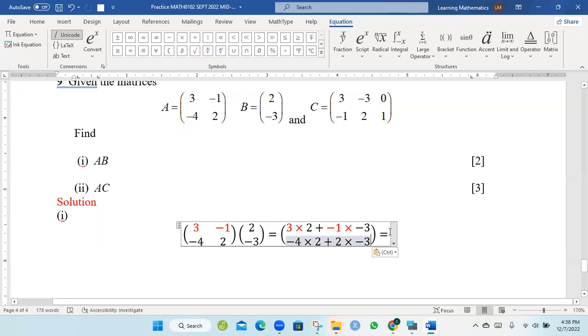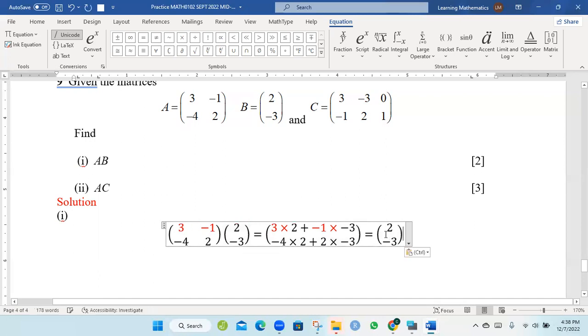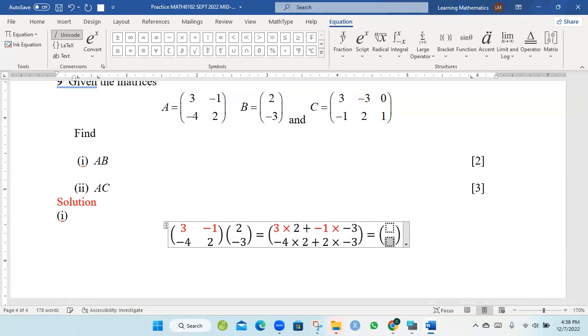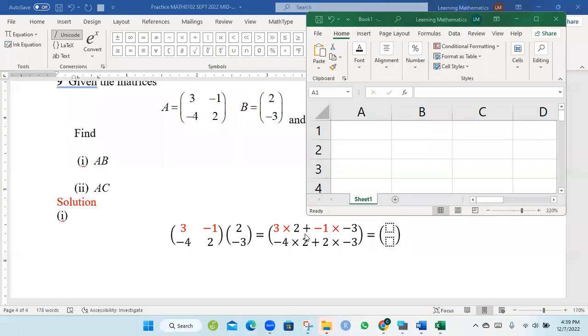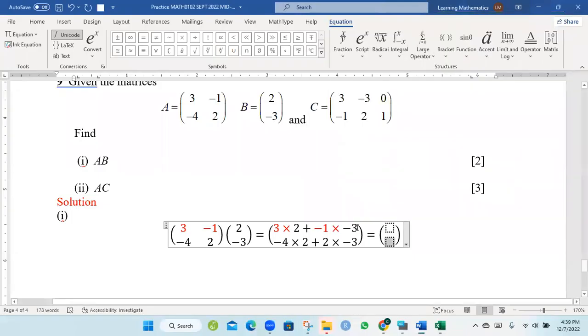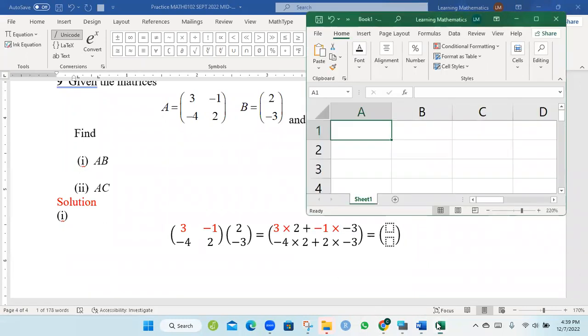Okay, and now we're going to find our answer. As you can see, it's going to have 2 rows and 1 column. So we can use Excel to help us, as our calculator. I can just copy this and paste it in Excel.